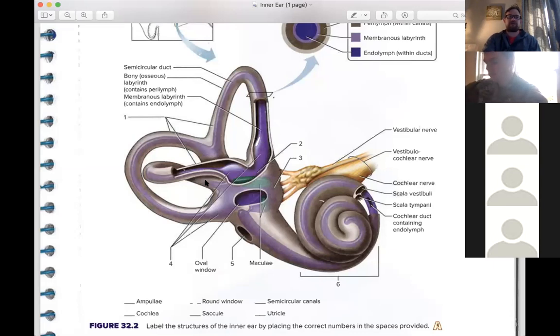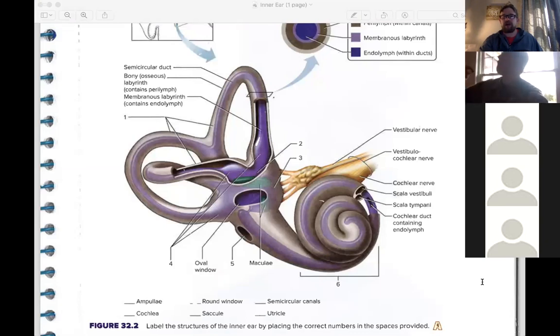We call that an ampulla. Within the ampulla you have specialized hair cells embedded within a jelly-like substance we call a cupula, C-U-P-U-L-A. This cupula forms a triangle of gel, and embedded within it you have these hair cells.